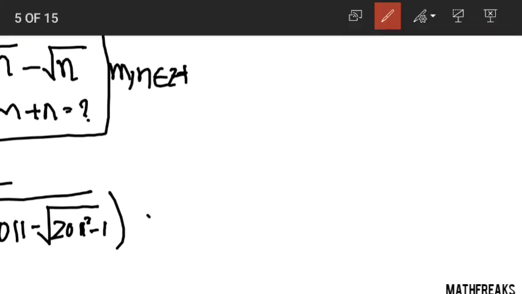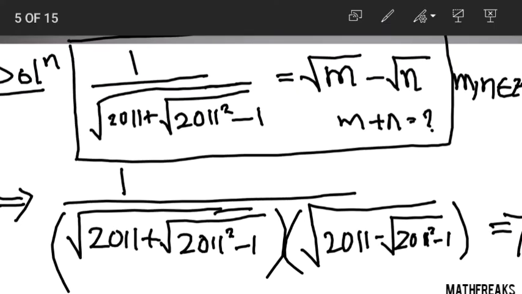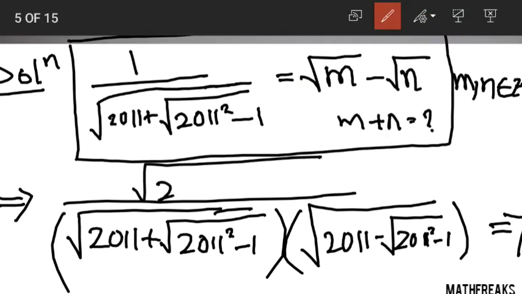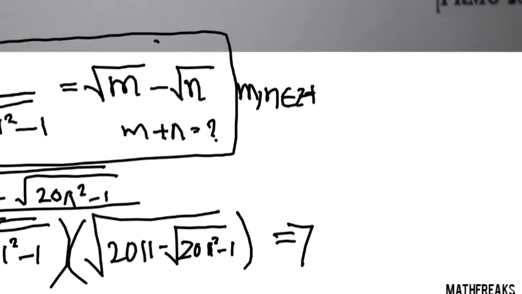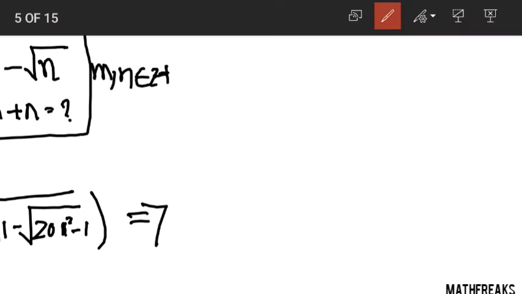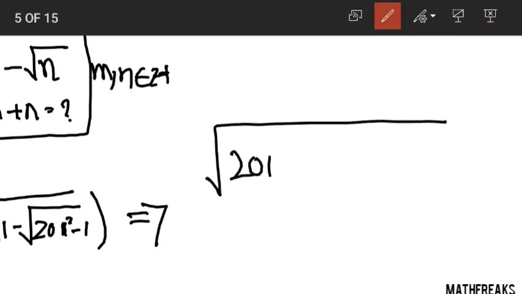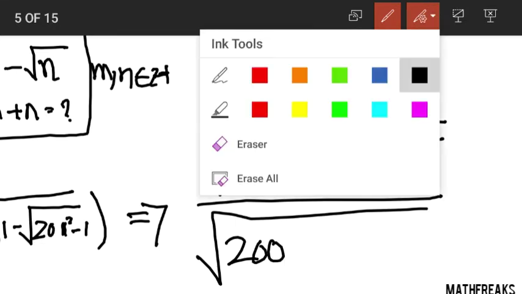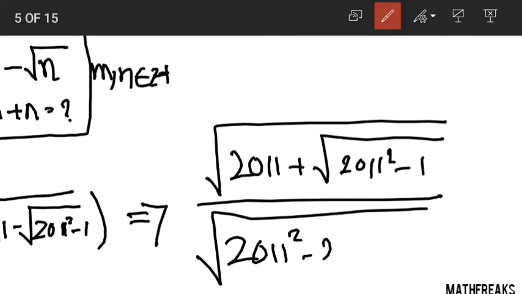And the numerator as well, we have to multiply the same, root of 2011 minus root of (2011 whole squared minus 1). Now if we multiply it, this would be root of 2011 plus root of (2011 square minus 1) upon root of 2011 whole squared minus (2011 whole square plus 1), right?